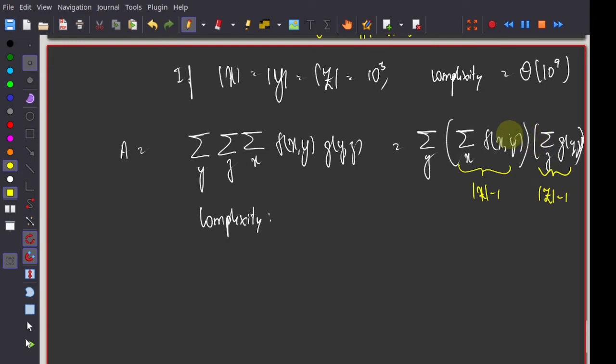Right? So for each y, I need to perform size of x minus 1 additions, size of z minus 1 additions, and 1 multiplication. So the total number of operations required for each y is size of x plus size of z minus 1 plus 1, assuming that addition and multiplication take unit time, or have the same amount of complexity.